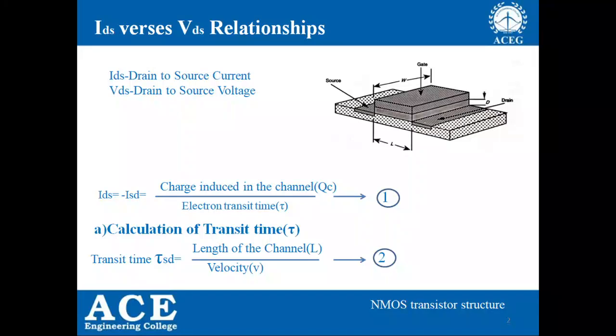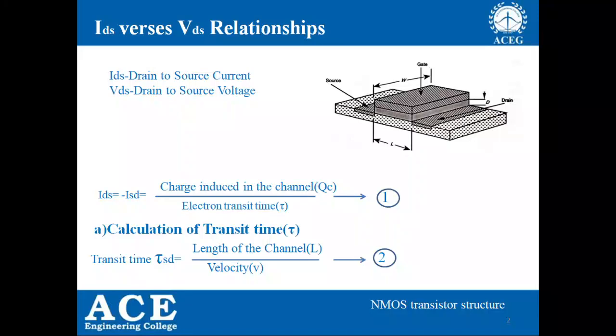Okay. So now let us calculate the denominator value, and this denominator is electron transit time. That means the time taken for the electron to travel from source to drain. As we know from the relation of velocity, distance and time, the time is equal to the distance divided by the velocity.